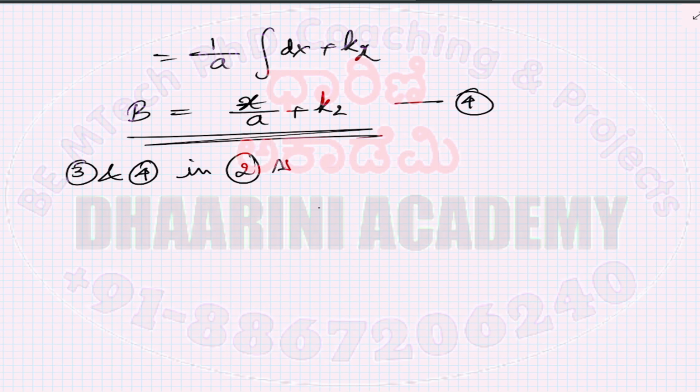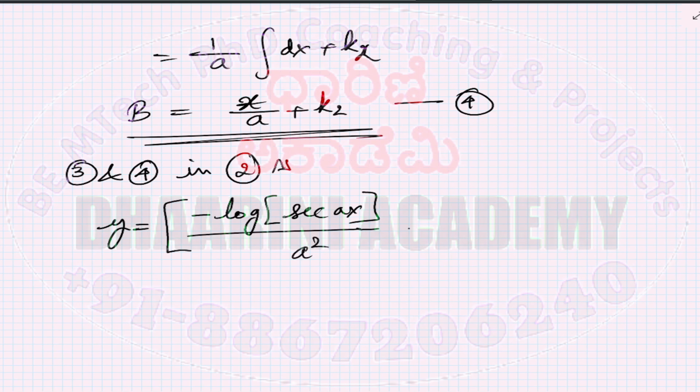Okay, so that is y equal to, I have to put the value of a first. A times cos ax plus b times sin ax was there in equation 2. So a is what we obtained as minus log of secant ax whole divided by a square plus a constant k1.